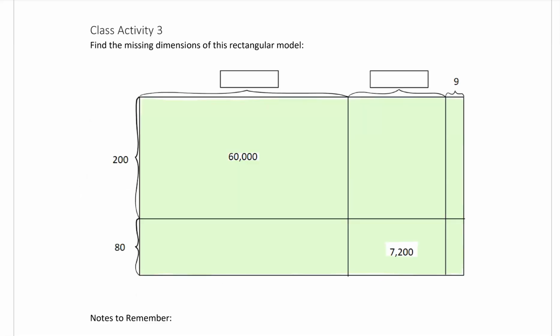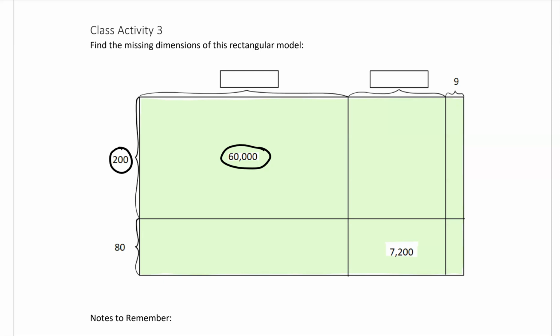All right, so we're moving right along over to class activity 3. We're asked to find the missing dimensions of this rectangular model. So here we know that this rectangular piece has an area of 60,000 units squared, and we know that this dimension here is 200.